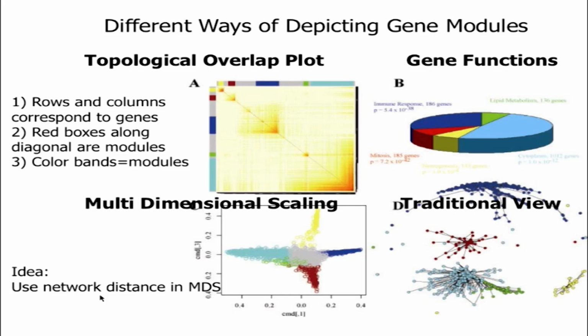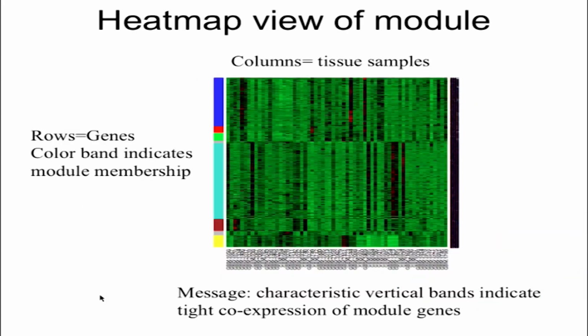Here is a heat map view of a module. And what do we see here? So the rows correspond to genes, and the columns correspond to different tissue samples. For example, 100 different cancer subjects. You know? And what we observe is these vertical bands, right? Why do we observe it?